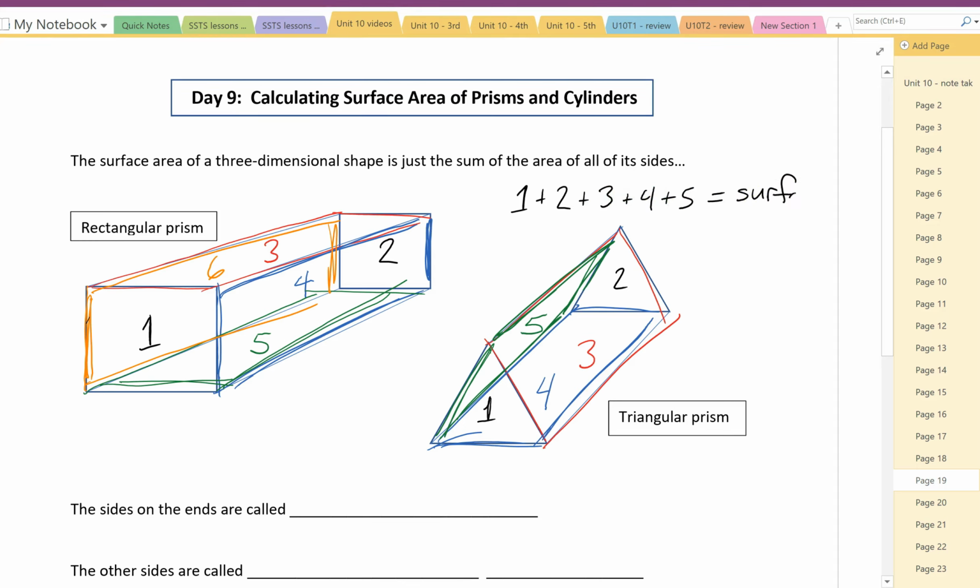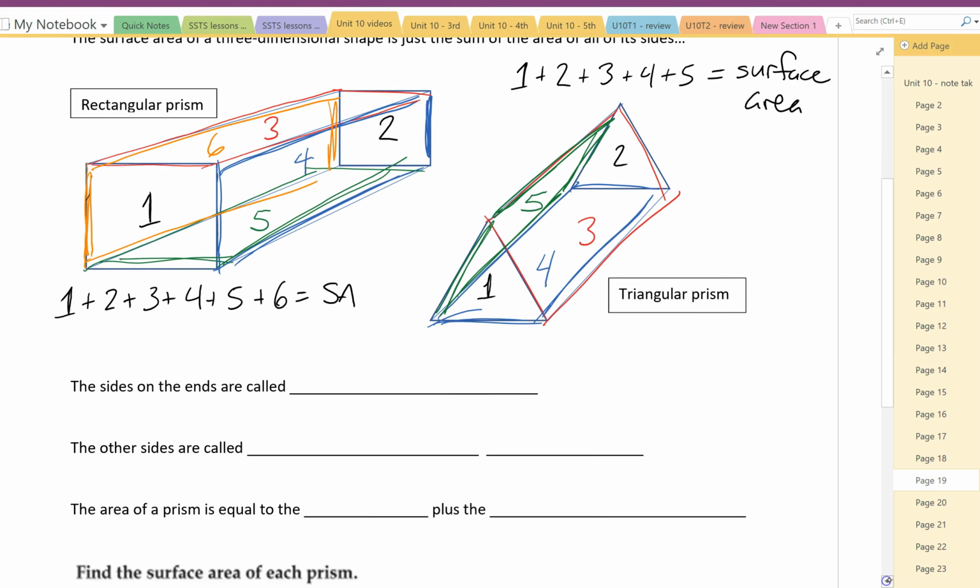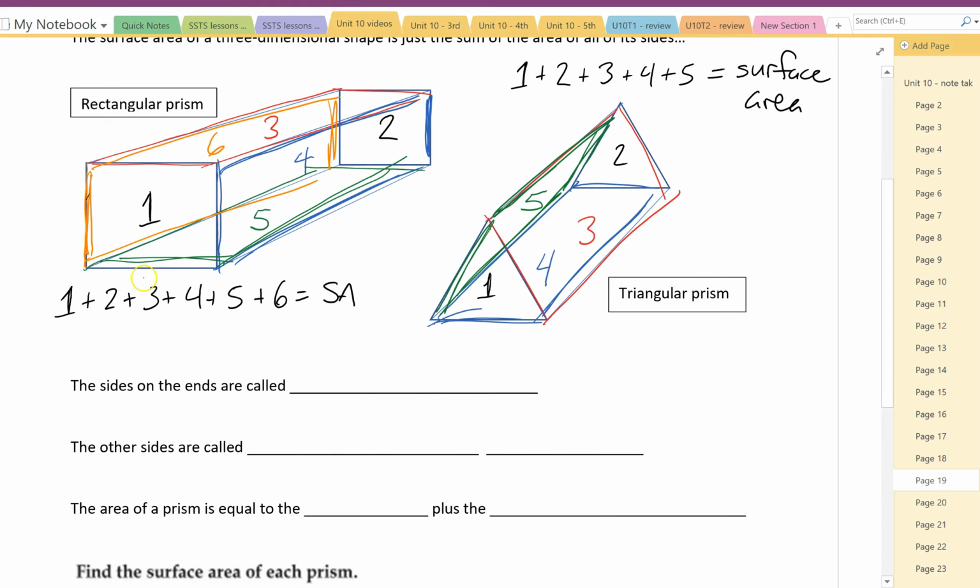So this is called the surface area of a three-dimensional shape. Over here it would be 1 plus 2 plus 3 plus 4 plus 5 plus 6. So I'm adding all of the faces of this prism together to figure out the surface area of the whole shape. Once again, the sides on the ends, like over here 1 and 2, are called bases.